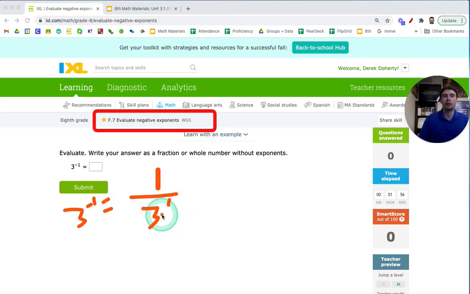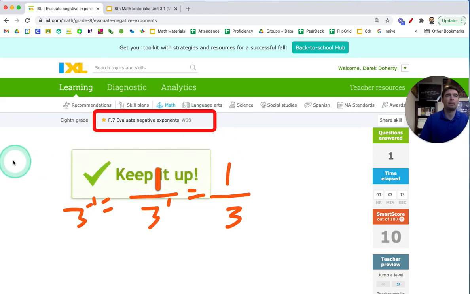That's the important thing to note here first. And 3 to the first isn't that tough, that just says 1 copy of 3. So I know 3 to the negative first really is the same thing as the fraction 1 over 3. That fraction cannot be simplified any further, it can't be written as a whole number, so I'm going to leave it as a fraction and submit.